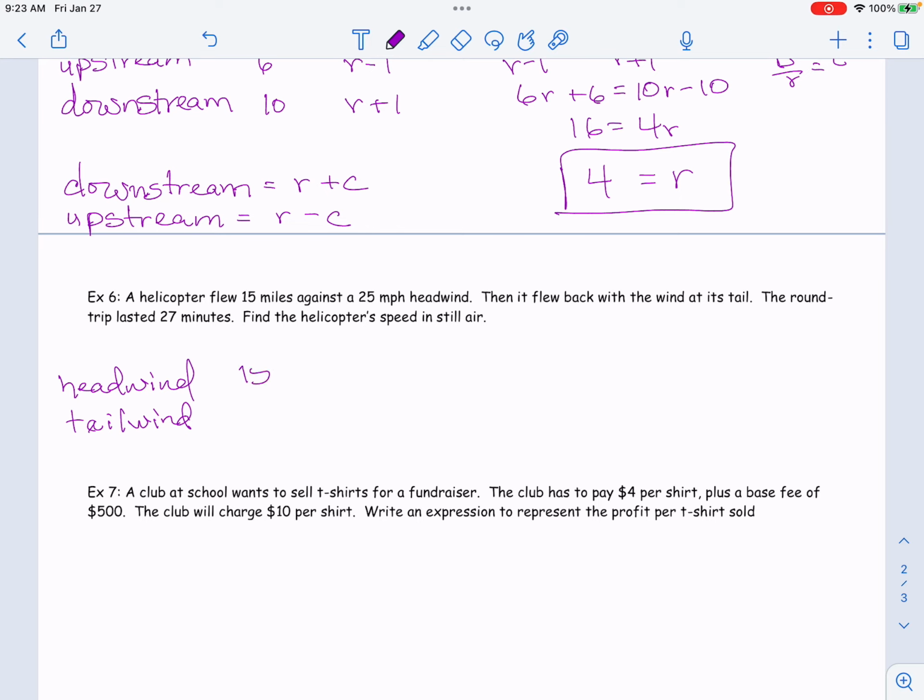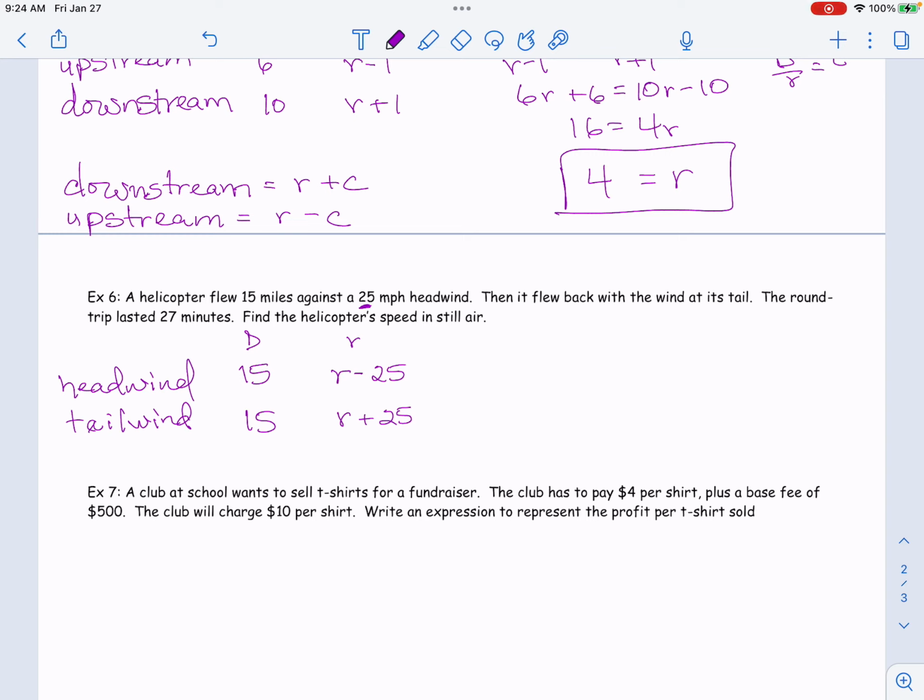The headwind is 25. So this is distance, rate. The distance is the same. When you're going against the headwind, it is going to be R minus 25, and when you're going with the tailwind, it's R plus 25.